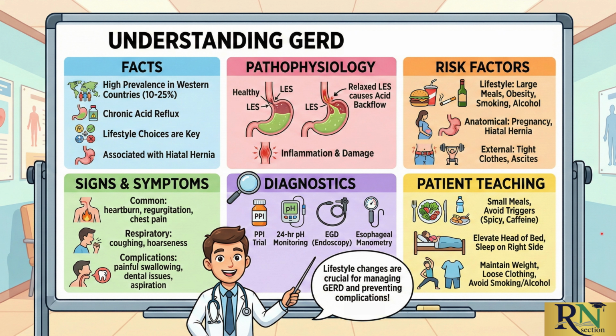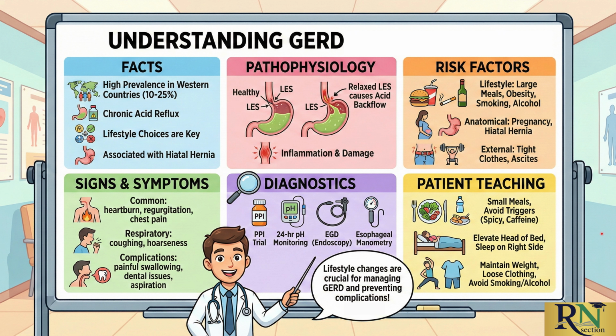The initial diagnosis is often based on reported symptoms and a trial of PPIs. pH monitoring, 24-hour ambulatory esophageal pH monitoring, is useful for patients with atypical symptoms. Endoscopy evaluates esophagitis, monitors for Barrett's esophagus, and allows for biopsy.